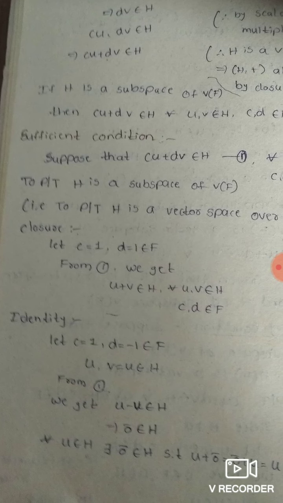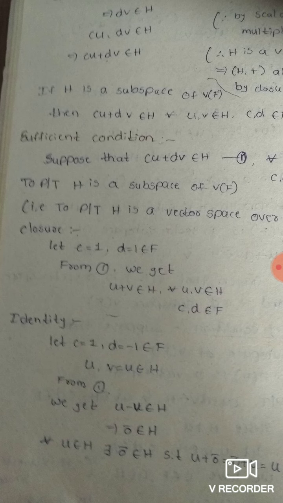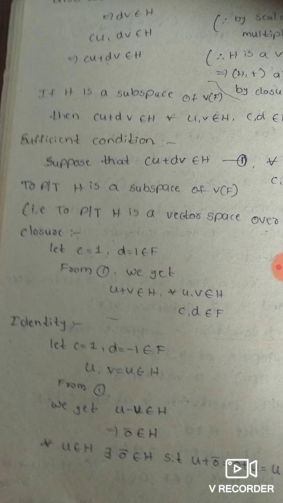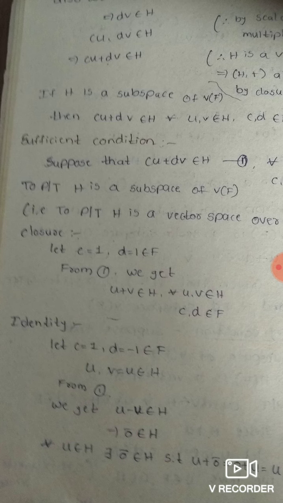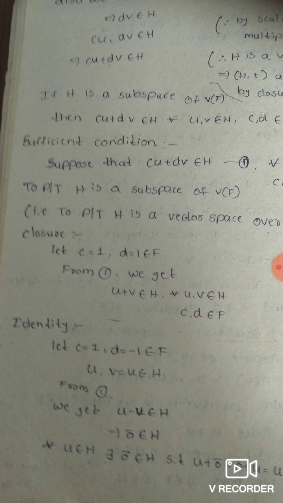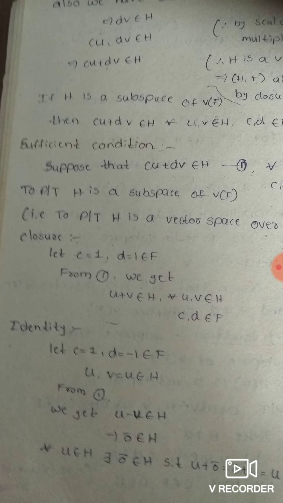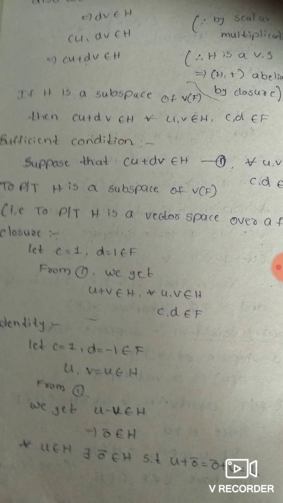Identity property: let c equals 1 and d equals minus 1, where minus 1 belongs to F. Substituting these values in equation 1, CU plus dV belongs to H, with c value 1, d value minus 1, and v equals u. Then u minus u belongs to H, that is 0 belongs to H. That is, u belongs to H, there exists 0 belongs to H such that u plus 0 equals 0 plus u equals u.